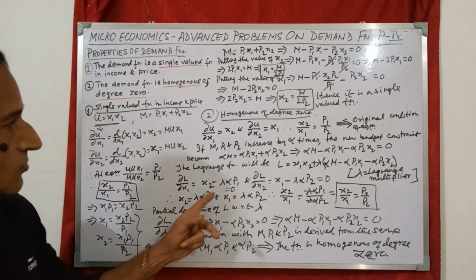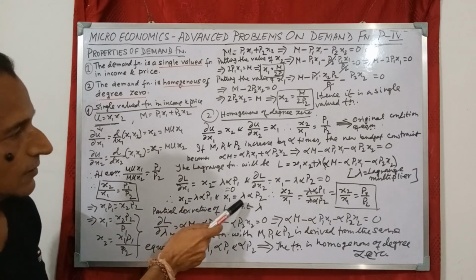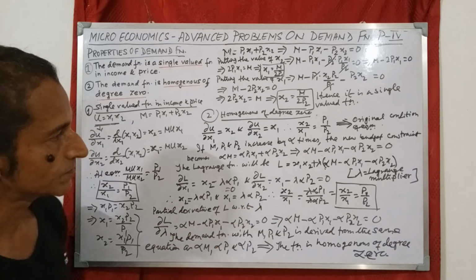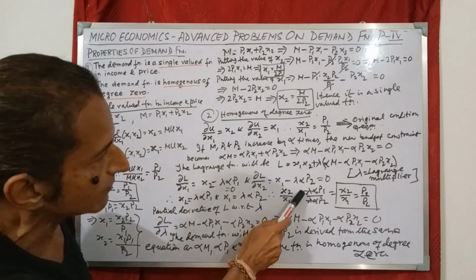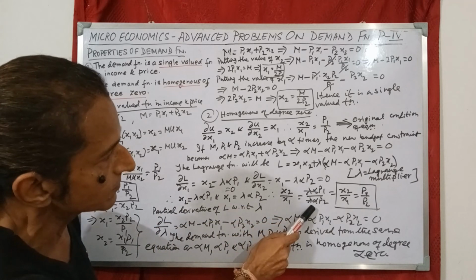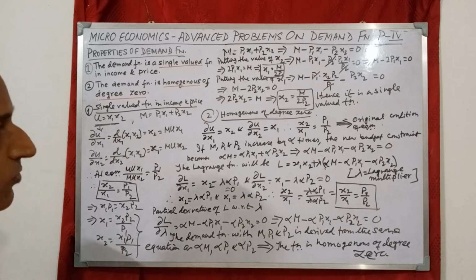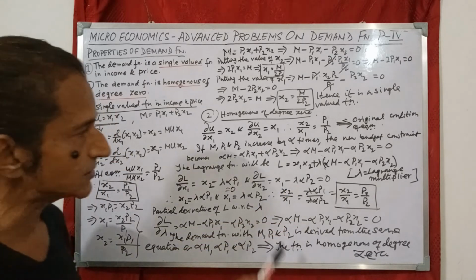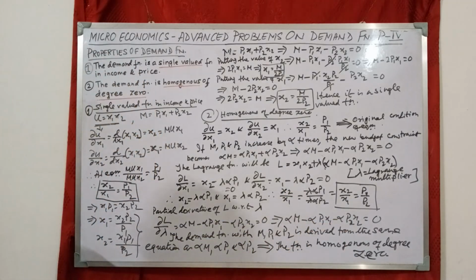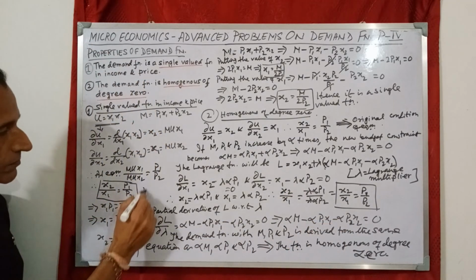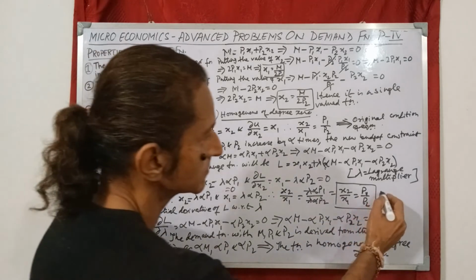Therefore x2 equals lambda alpha p1 from here, and x1 equals lambda alpha p2 from here. Therefore x2 by x1 equals lambda alpha p1 by lambda alpha p2, lambda alpha in numerator and denominator goes away. So what remains? x2 by x1 equals p1 by p2, which is the original condition of equilibrium, right?